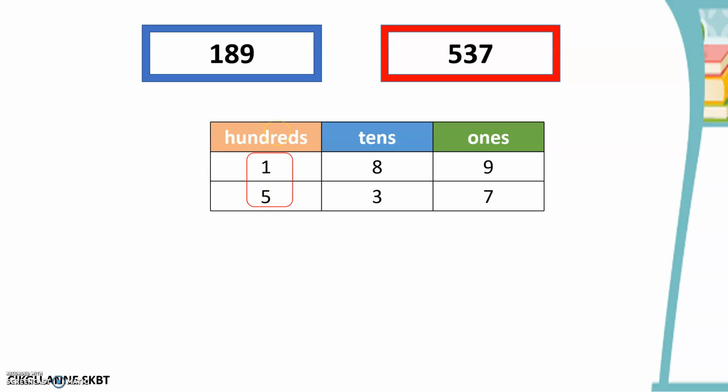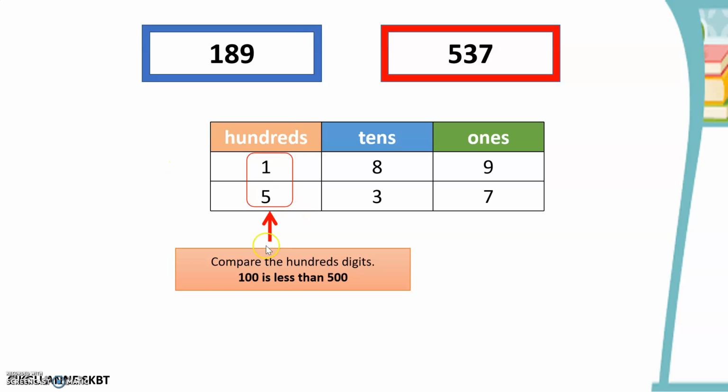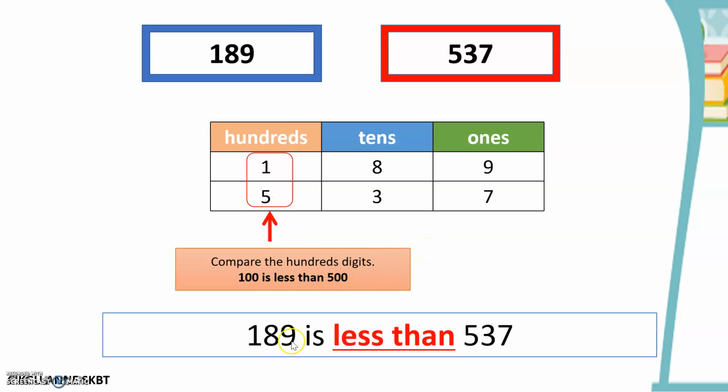Of course, 100 is smaller. 100 is less than 500. The answer will be 189 is less than 537. Lebih kecil daripada 537.